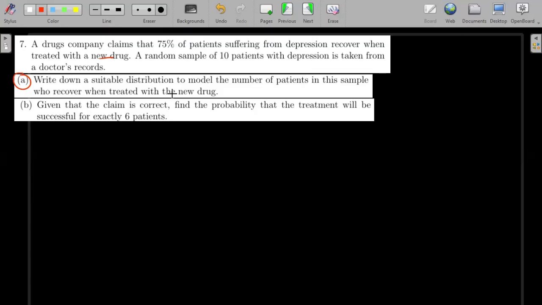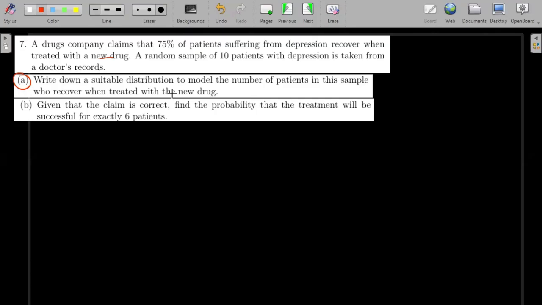So how are we going to come up with the model there? Since there are only 2 possible outcomes, when the patient is treated with this new drug, either the patient recovers or does not recover. The suitable distribution, whenever you have a fixed probability of failure and a fixed probability of success, applies.